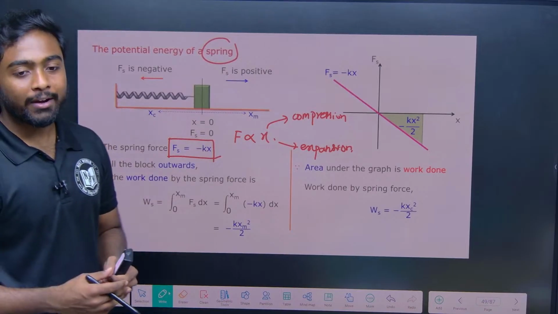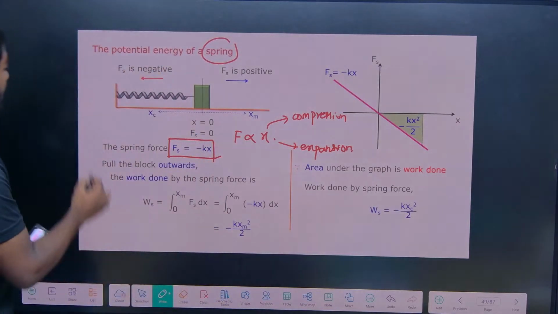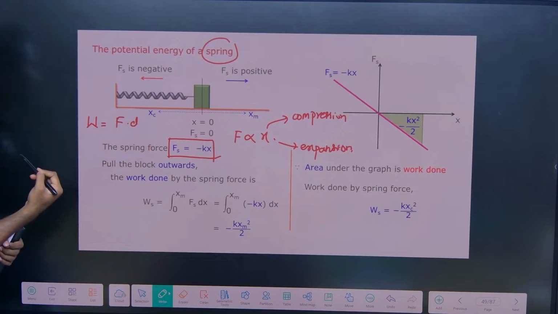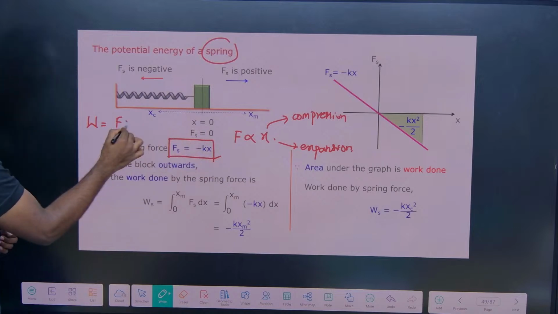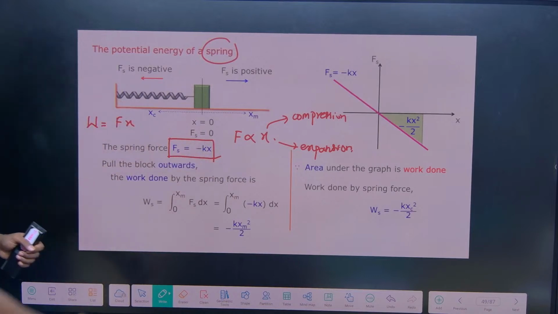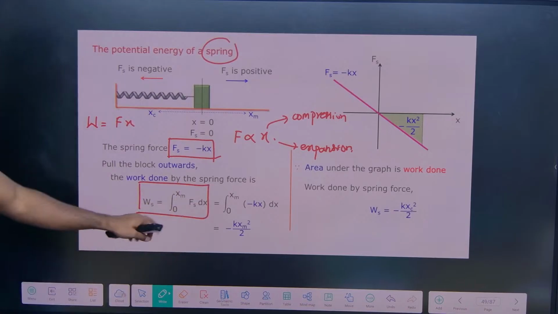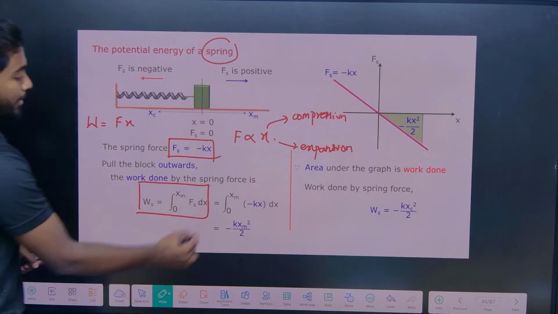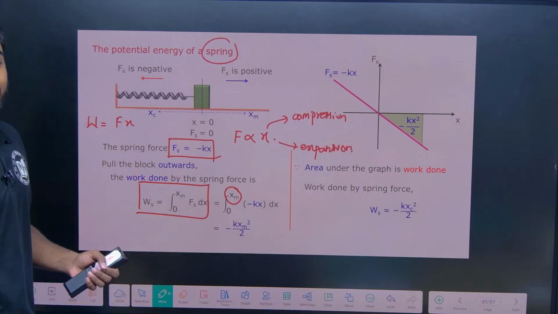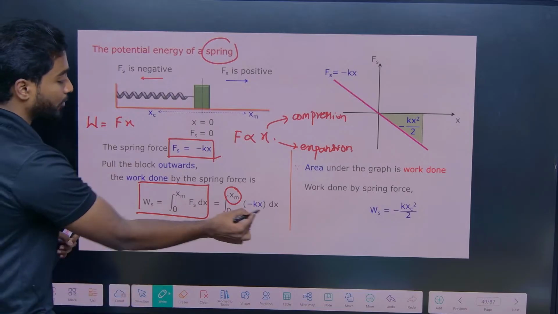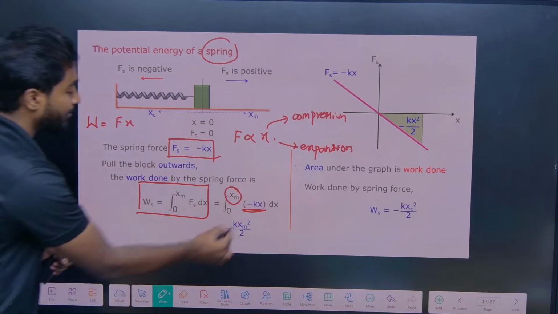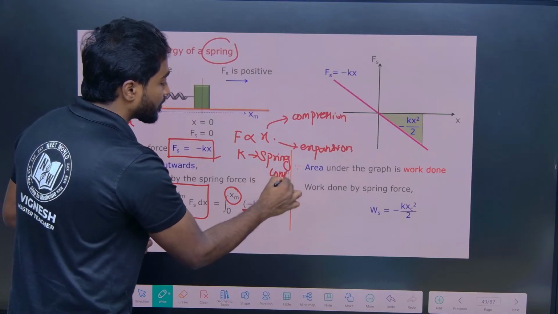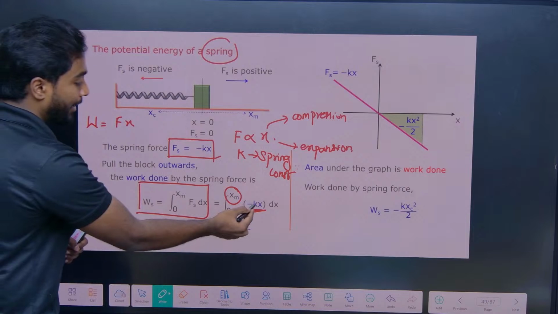Now, to find the work done by the spring, we know work done is force into displacement, and here x is the displacement. So W = integral from 0 to x of F dot dx, where x is the compression or expansion and the force is -kx. Here k is the spring constant, so I can take k outside.